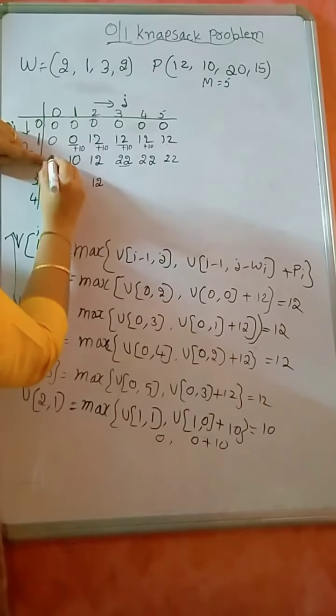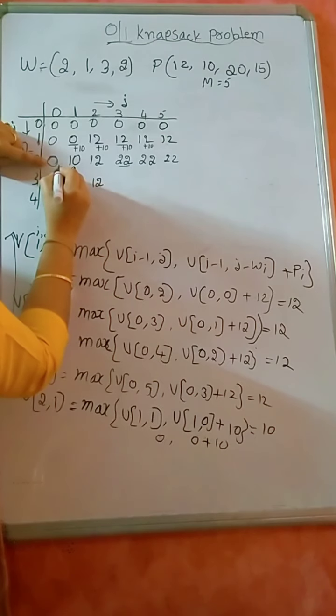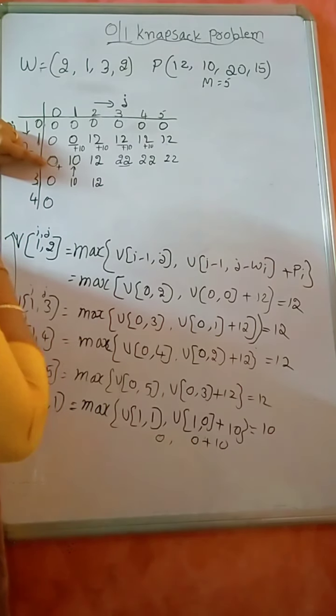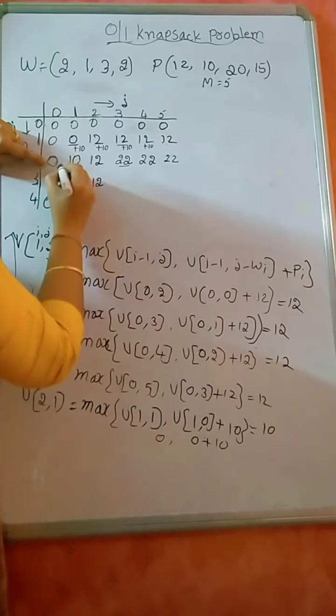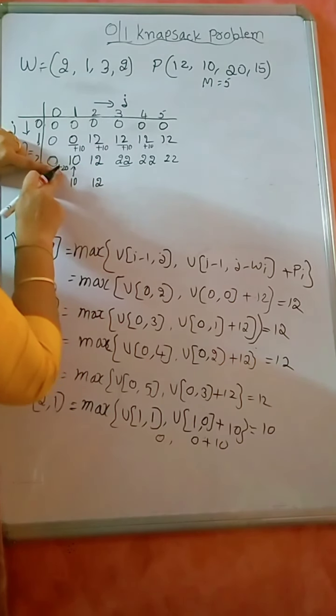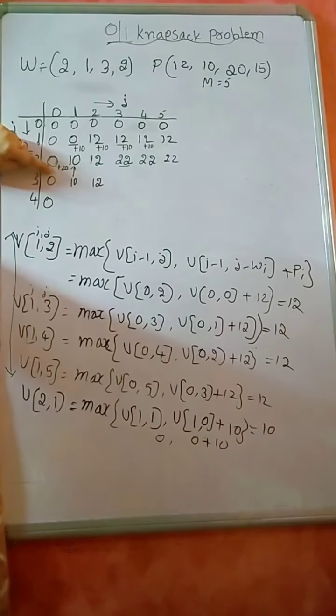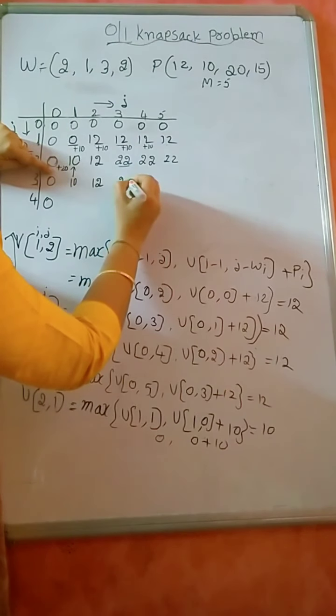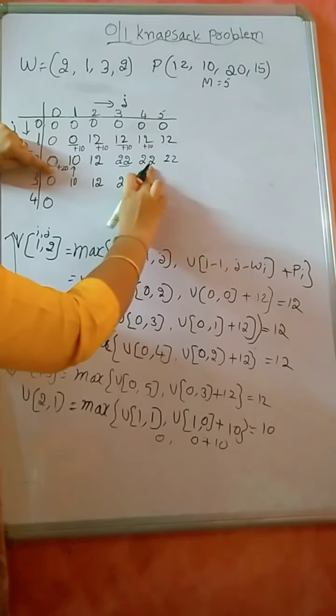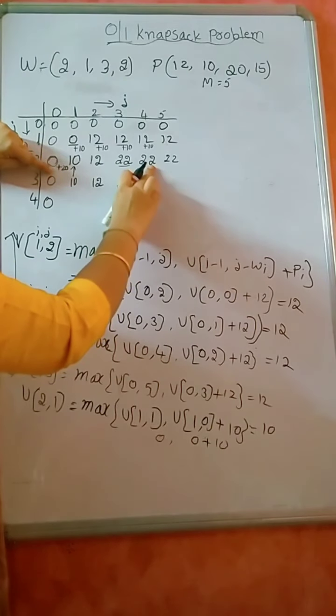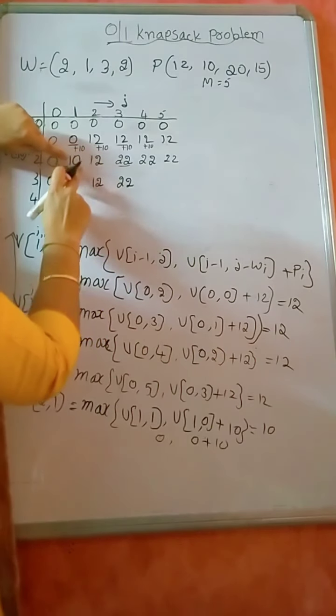That means this entry plus the profit of selecting this object, 20. So whether 20 is maximum or 22 is maximum, 22 is maximum. So it is 22.